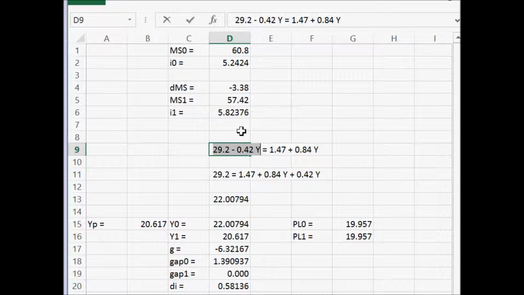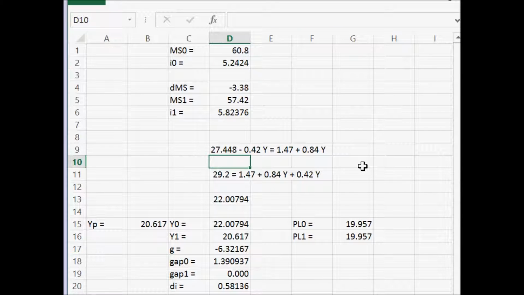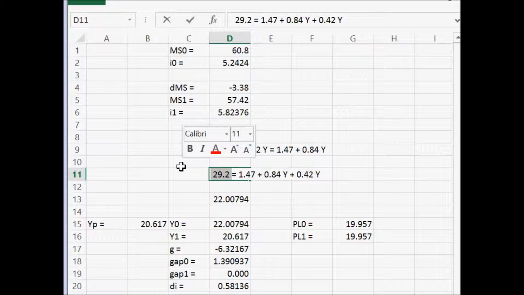To find the new equilibrium real GDP level, I replaced the initial intercept of demand with the new intercept of demand. The old intercept was 29.2, the new intercept is 27.488. So all I have to do is change that on each one of these lines down here.